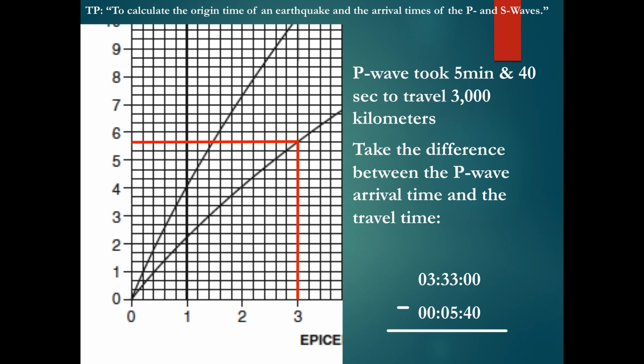So we take the bigger time, 3:33 and 0 seconds, minus 5 minutes and 40 seconds. Doing the math, we take away a minute, which gives us 32, and we add 60. 60 plus 0 is 60. So the time of origin for this earthquake was 3 hours, 27 minutes, and 20 seconds.